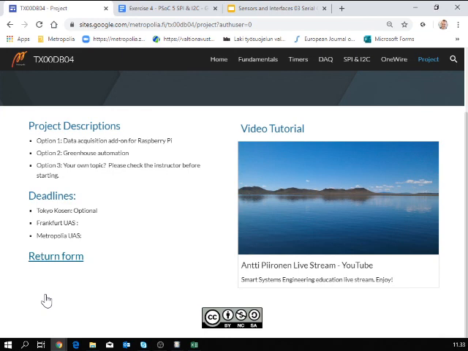Or if you have a better topic than these two, you can also say, okay, I have this kind of idea, would it work as a project? So if you have some extra time available, why not use it for learning more PSoC and doing something useful? So option 1, you would get famous, definitely.